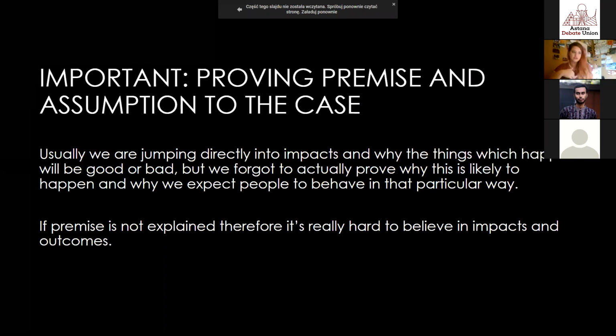We need to say this, or we'll say that. The question is how you came to your claim that will happen, before you start weighing. So you need to explain why it's likely to happen and why people will act in the particular way. Important: if you do not explain the premise and do not prove that things will happen, you will not get credit for the future stuff.